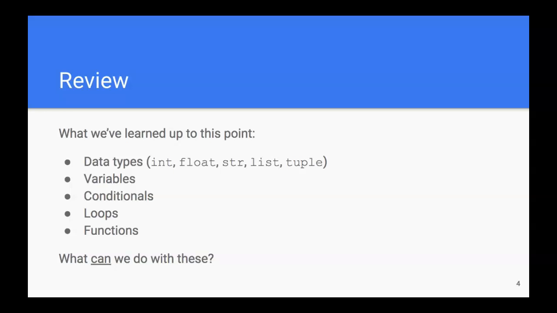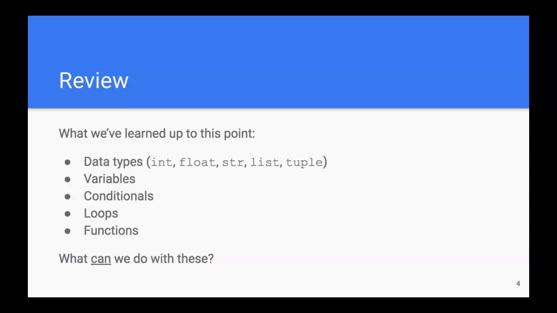And then we have variables, which are names that are associated with values. We have conditionals, if, else if, and all that. We have loops, which are for loops and while loops. And finally, we have just completed a study of functions. So what can we do with these?